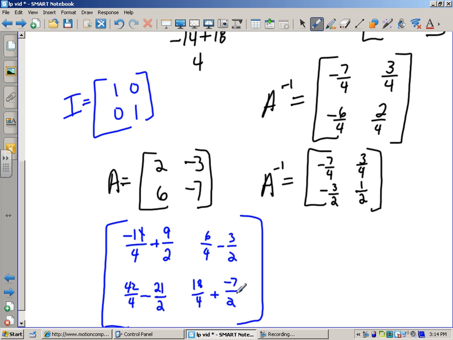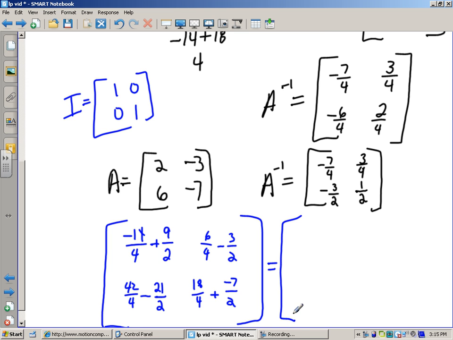Okay, so let's see what happens. Let's clean these fractions up. If we're going to add fractions, we're going to need common denominators. It'd be easiest to write everything in terms of 4, so all we have to do is double this fraction here.